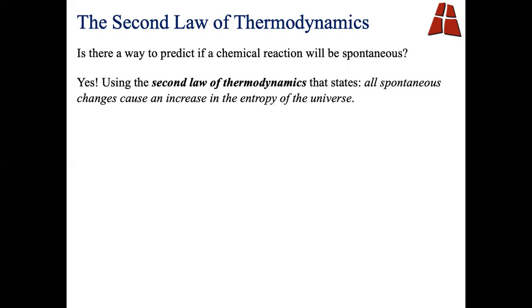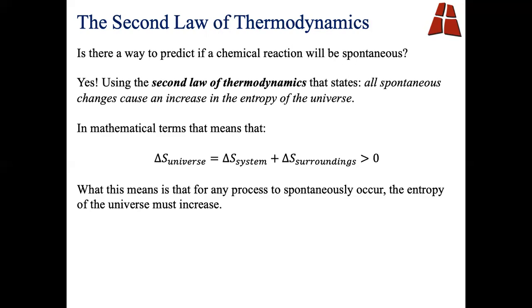And that states that all spontaneous changes cause an increase in the entropy of the universe, meaning that we have a more equal distribution of energy throughout the universe when something is spontaneous. And so in mathematical terms, we could measure it with a very simple equation that says the change in the entropy of the universe must be greater than 0 when we have the change in the entropy of the system plus the change in the entropy of the surroundings. Again, in order for something to be spontaneous, that value has to be greater than 0.